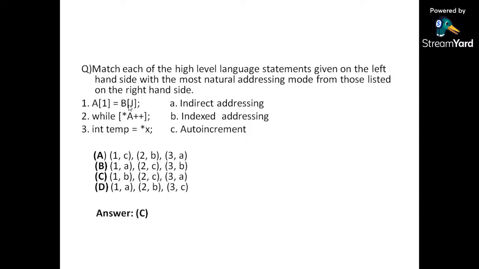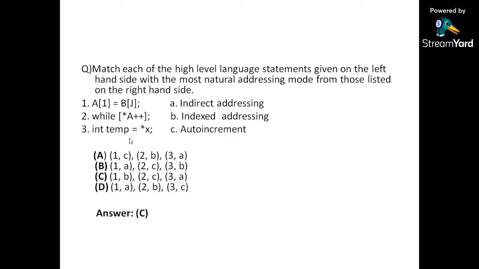Now see the third example, int temp equal to star x. What are we trying to implement here? We are trying to implement a pointer. If we have studied pointers, we know that a pointer holds the address of a value. When we write such statements, int temp equal to star x, x is not a variable holding a value.